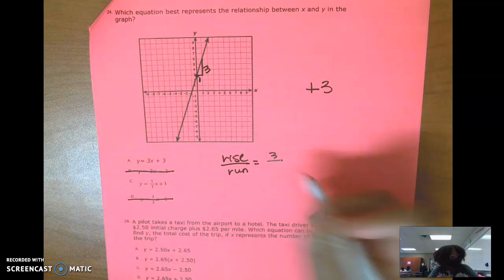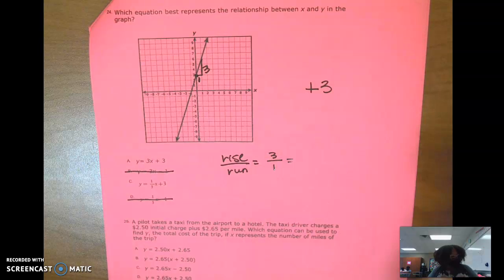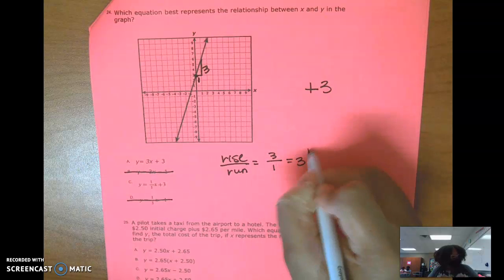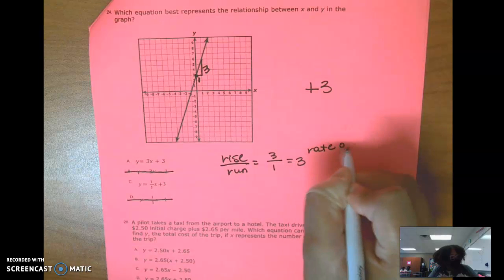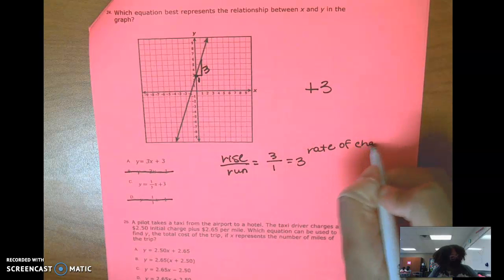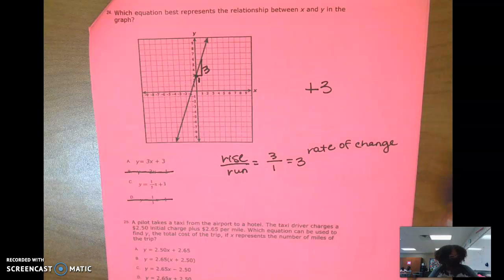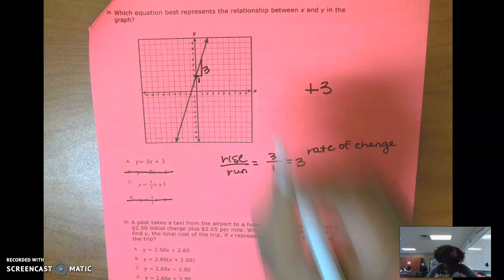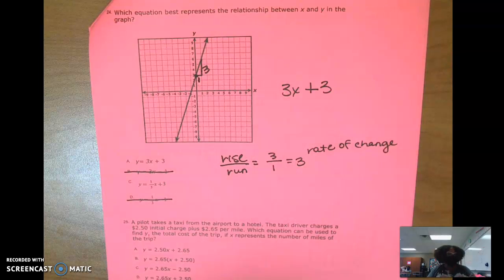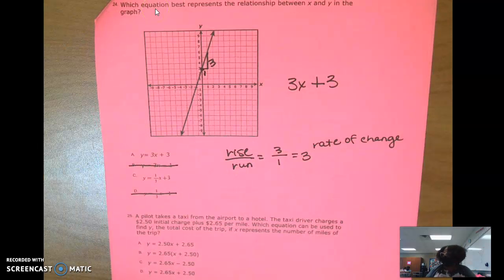What's my run? 1. What's 3 over 1? 3. This is my rate of change. And it goes next to what letter? A. Not A. A is my answer. But it goes next to what letter? x. 3x. Good. So 3x plus 3. All right.